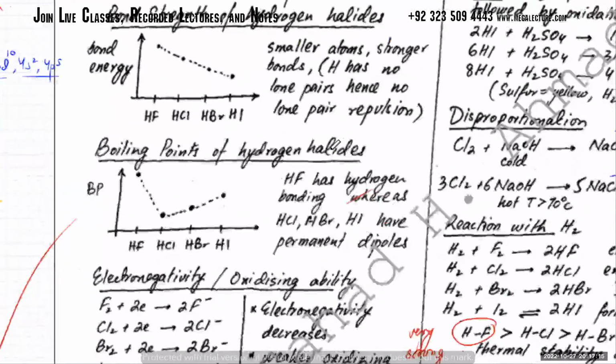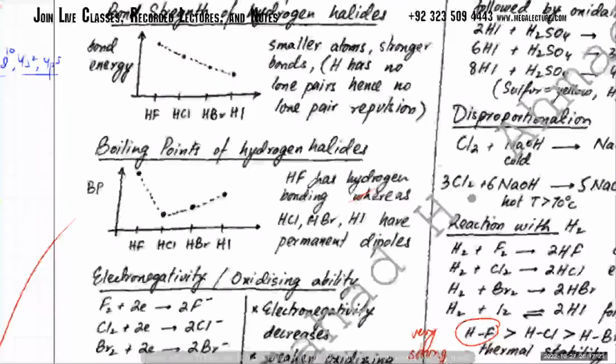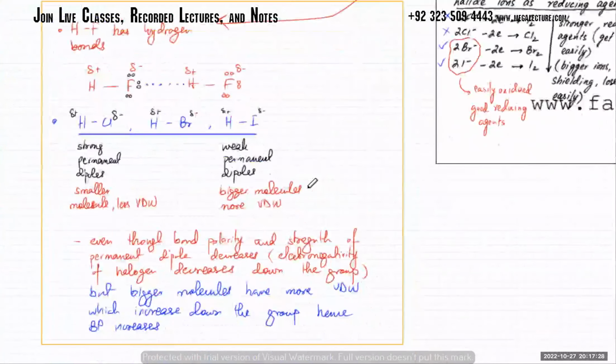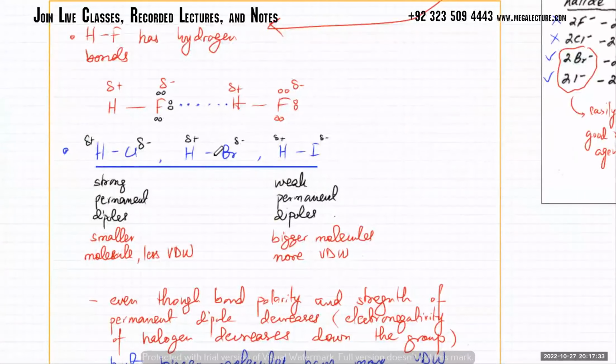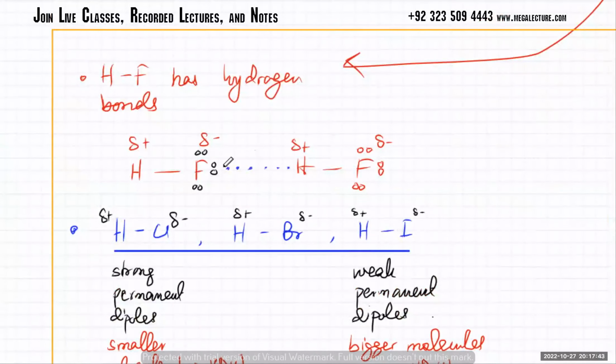Now coming back to the boiling points of hydrogen halides. Remember, boiling points have nothing to do with bonds. It's more about intermolecular forces. HF has hydrogen bonds, which is basically an extreme form of a dipole. Fluorine is one of the most electronegative atoms out there, so it has a very strong attraction for these shared electrons.